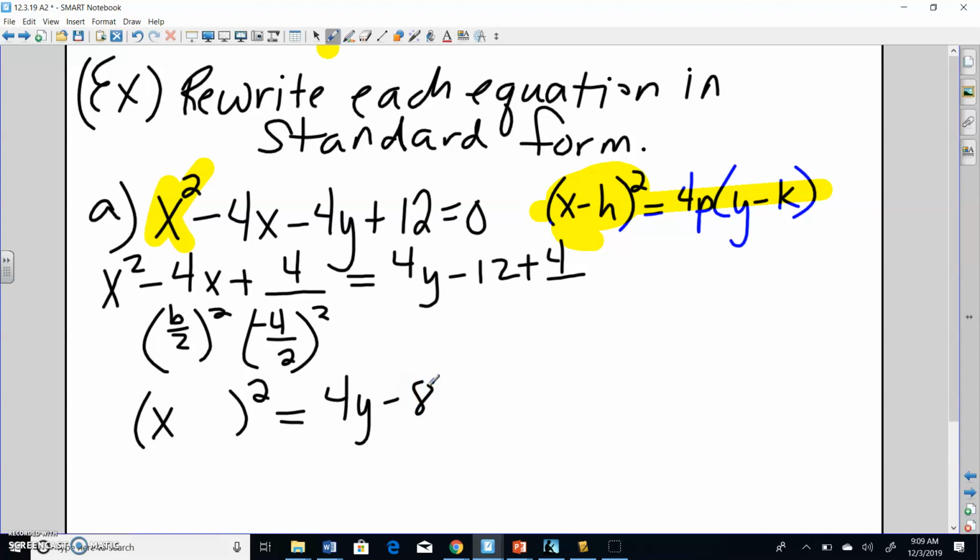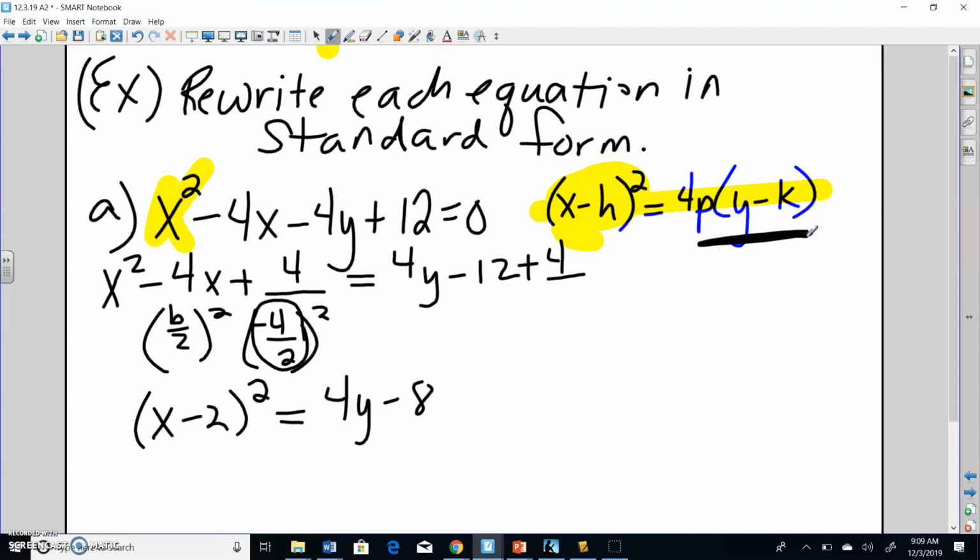Okay, so what goes in with the parentheses here? Who remembers when we complete the square? What goes in there? Whatever b over 2 is. So negative 4 over 2 is negative 2, so that's what goes there. And then the very last step, notice on the right side here, this is factored out as well.